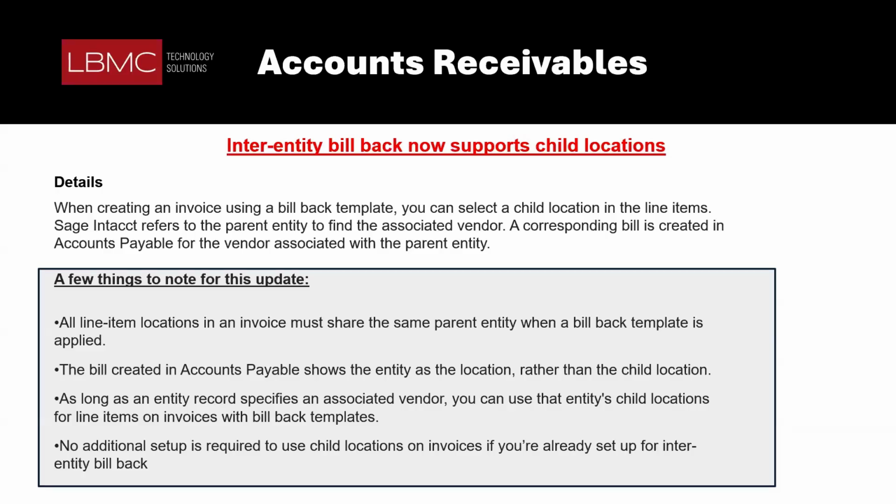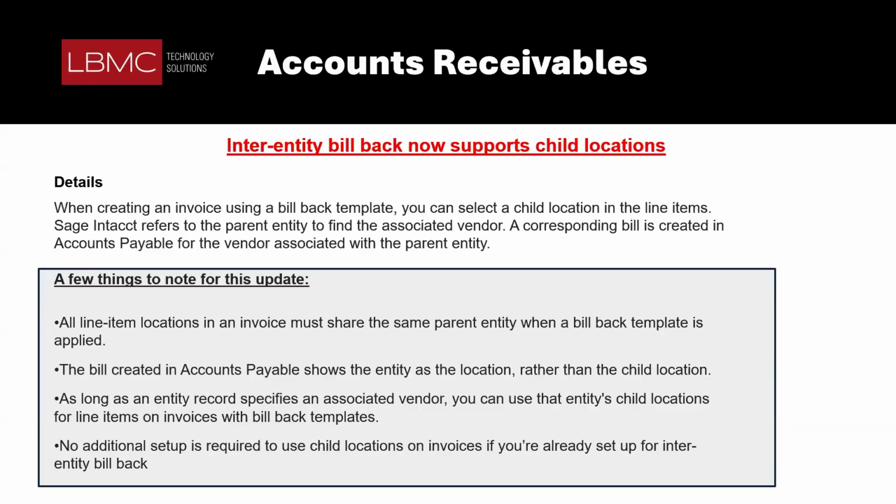But as long as that entity record specifies the associated vendor, you can use that entity's child location for the line item on invoices with that billback template. There's no additional setup that is required to use the child location on invoices. So you're ready to set that up whenever you need to do that inter-entity bill payback.